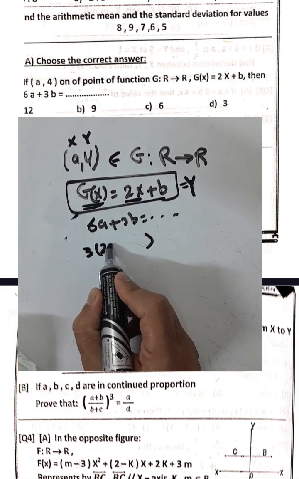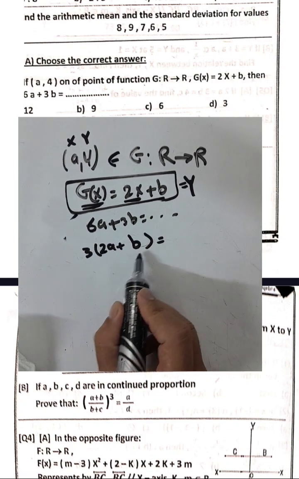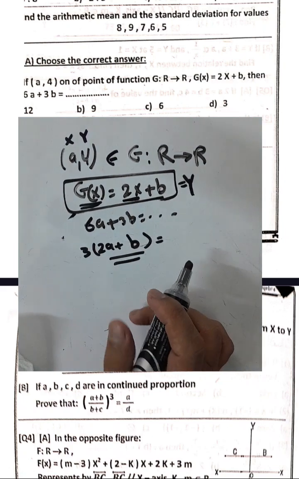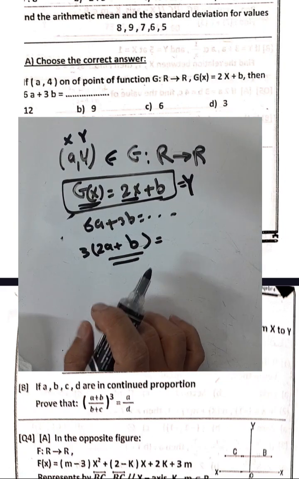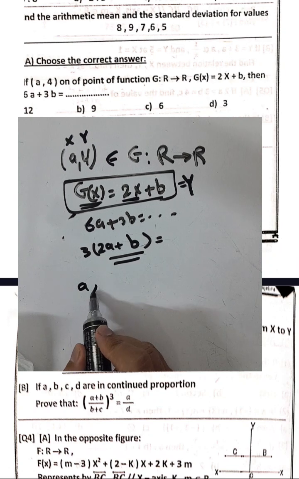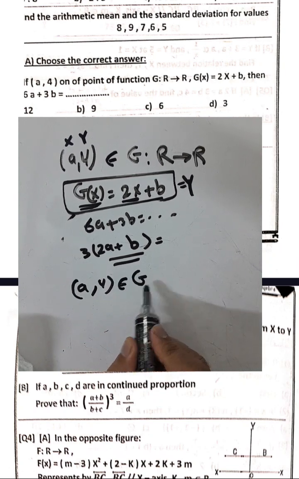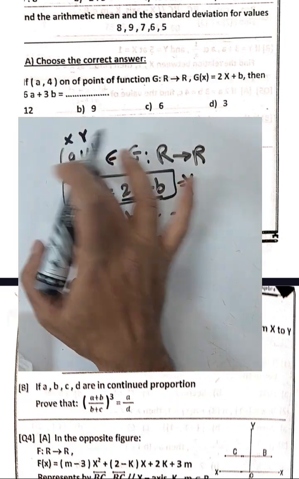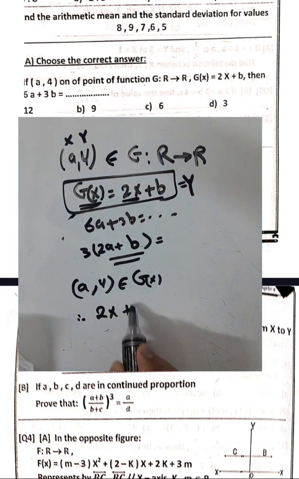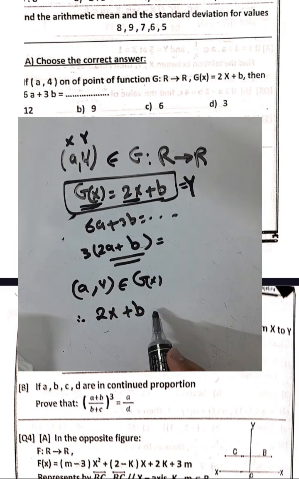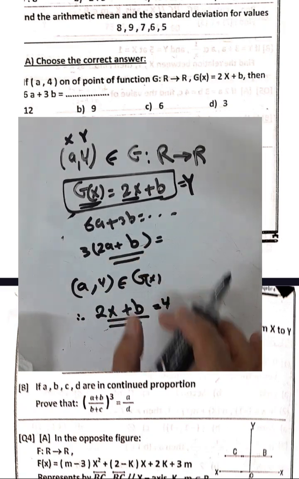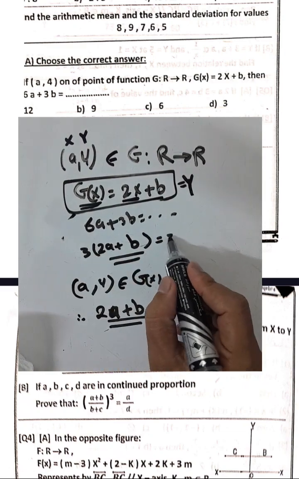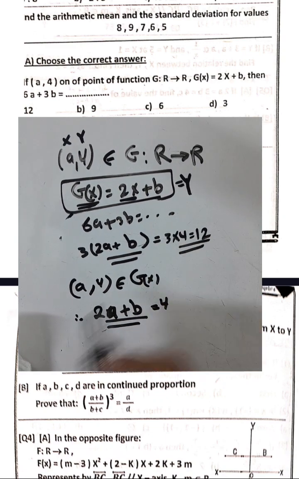The result will be 3 times (2a plus b), and we can find the value of 2a plus b from the equation: 2a plus b equal 4, because the point (a, 4) belongs to the function g of x, so this point satisfies the equation. Put x equal a, then the result will be 2a plus b equal 4. Then 3 times 4 equals 12.